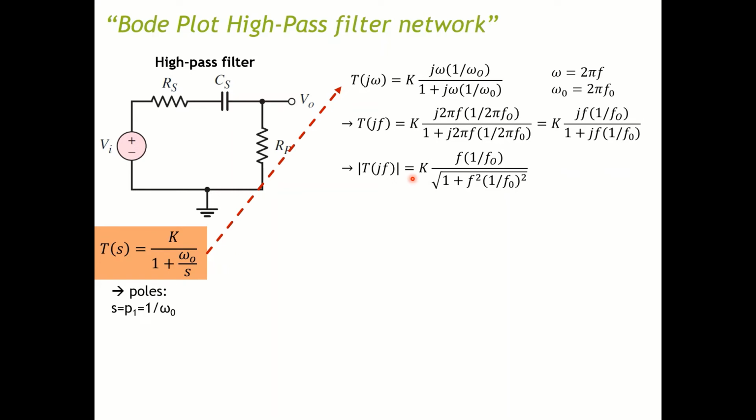K is a real number, so it just comes out the same. In this fraction, the numerator becomes f over f naught, and the denominator is the square root of 1 plus f over f naught squared.